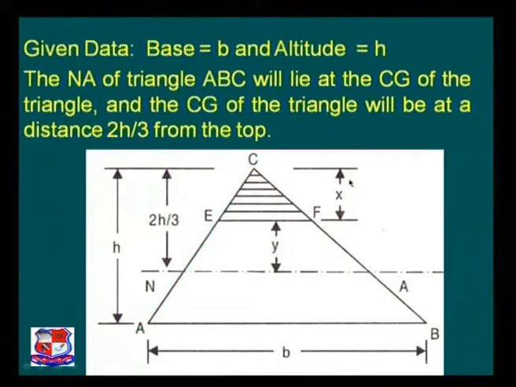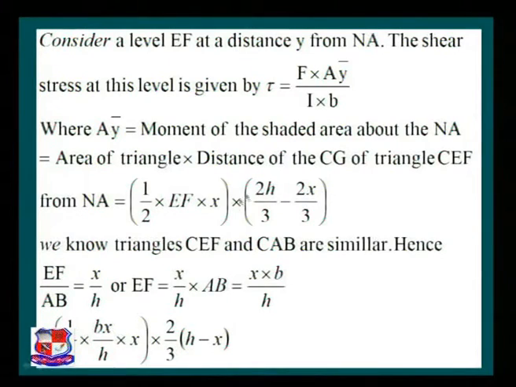Assuming the available height from the apex to EF is x, the area is equal to half into base into height, half into EF into x, multiplied by the distance y bar, that is 2h by 3 minus 2x by 3.